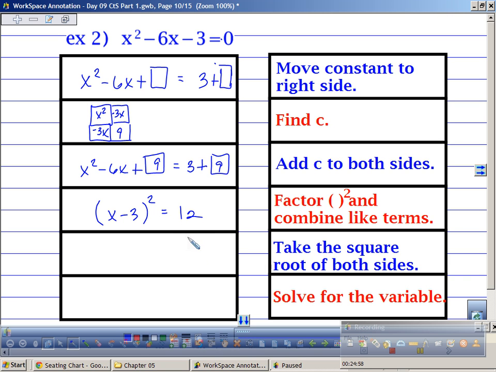Good. Pick somebody. Good. So x minus 3 equals the square root of 12, plus or minus.